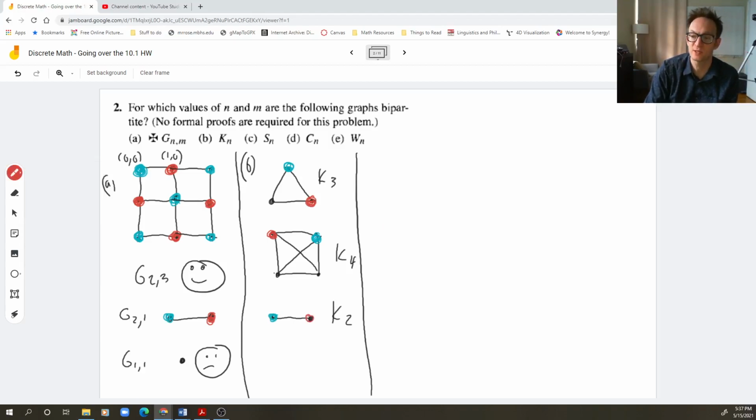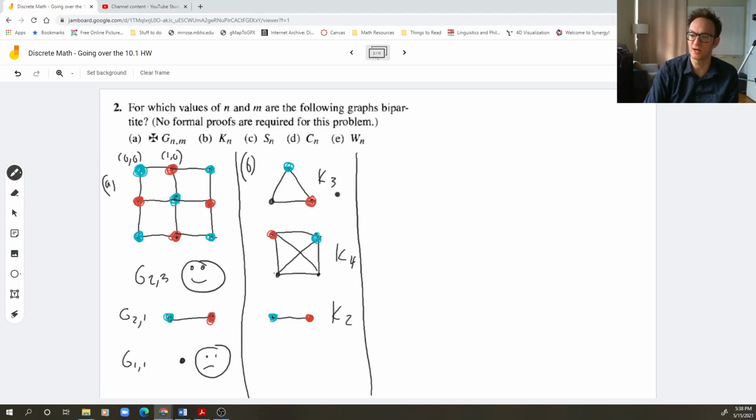Not even bothering to write down my answer, I'm just going to say out loud that the answer to part A was for any n and m, the grid graph will be bipartite, except n equals 1 and m equals 1. My answer to part B is for n equals 2, it will be bipartite, but for any n greater than or equal to 2, no.